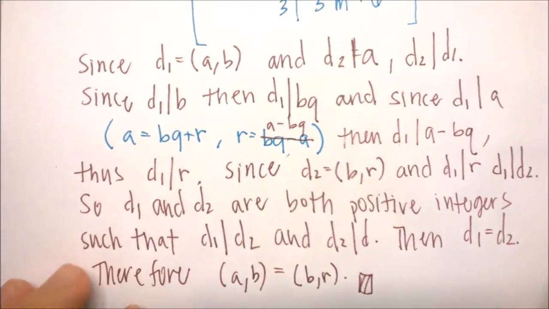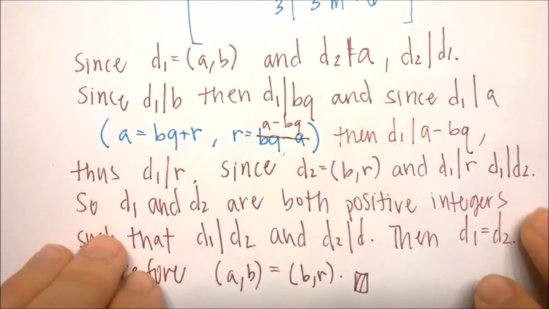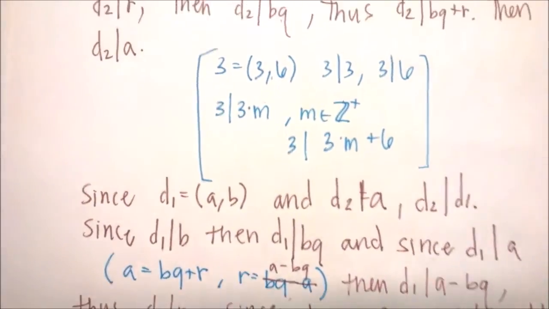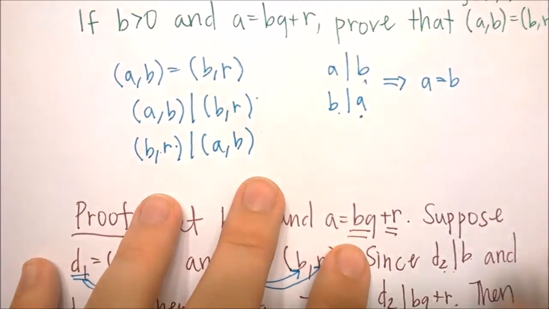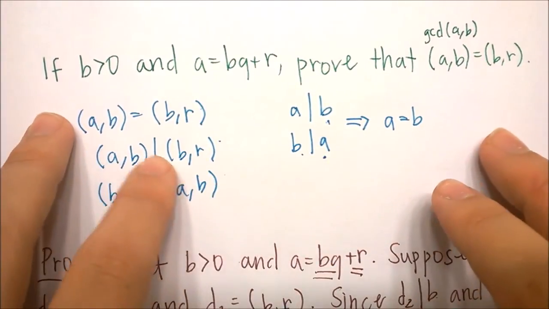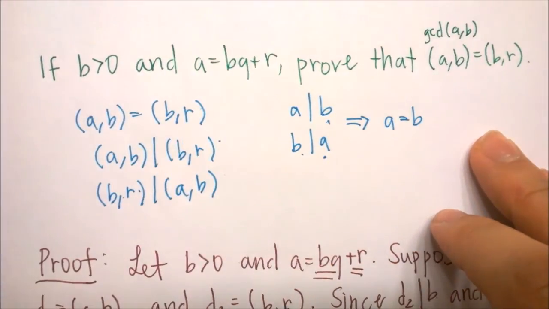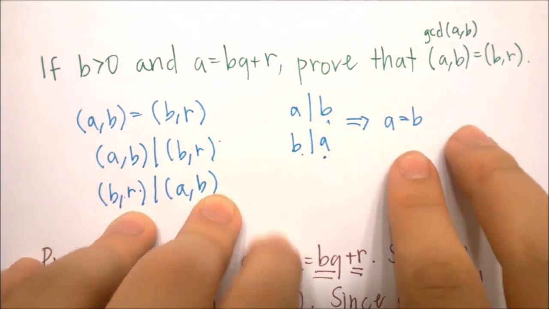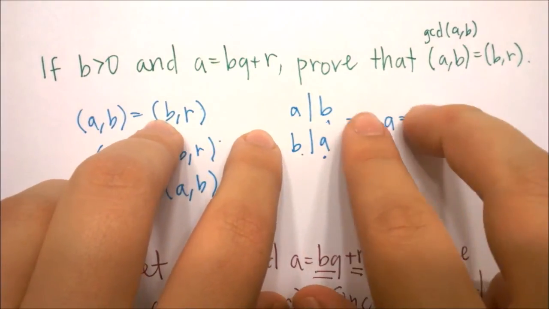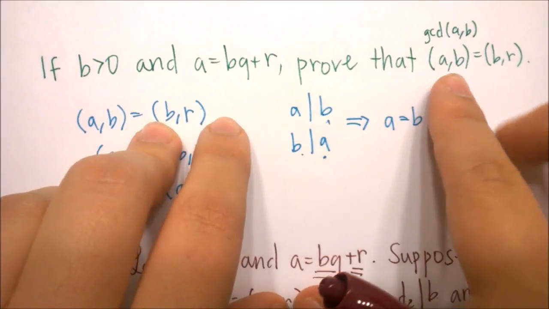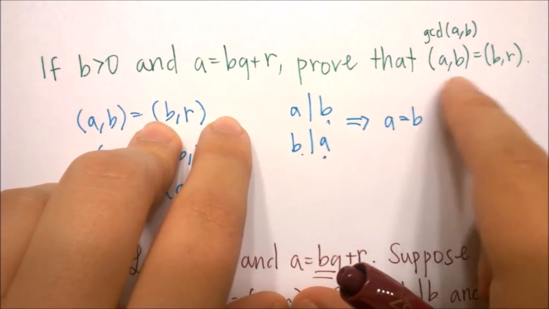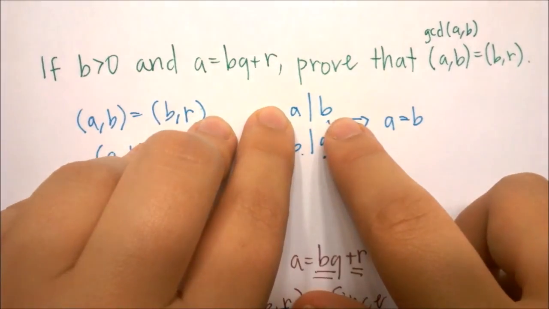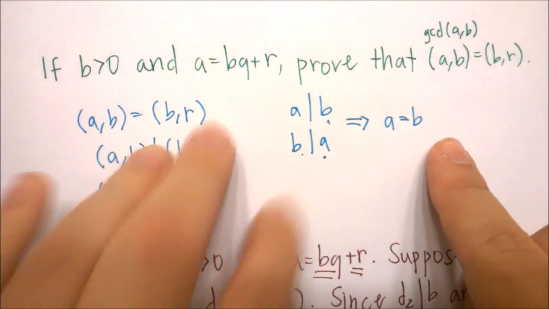So it just takes a little bit of practice being able to recognize what needs to be done. When you see the original problem, you wouldn't necessarily think that that was the road you needed to take. But just remember, when you're working with congruences, with divisibility, and you're working with GCDs and you're trying to show equality, almost always you're going to want to prove that one divides the other and vice versa to show equality.